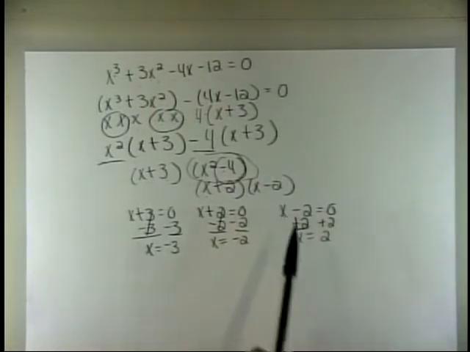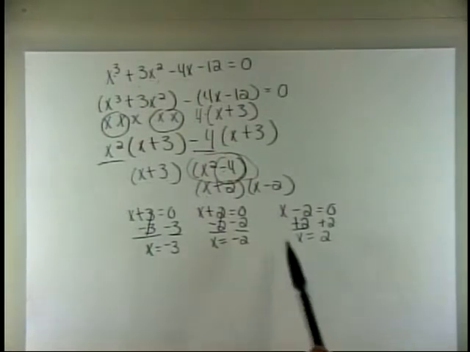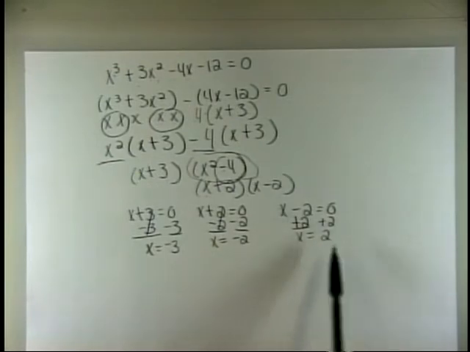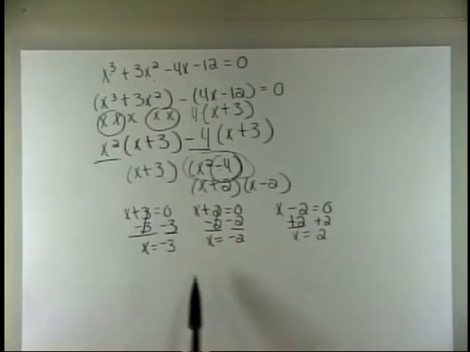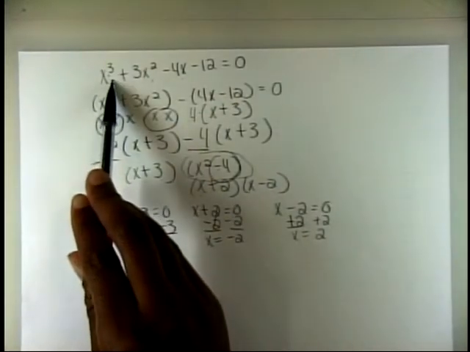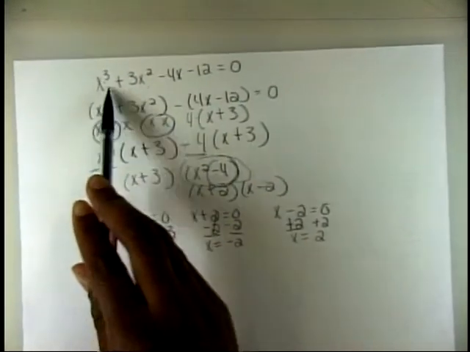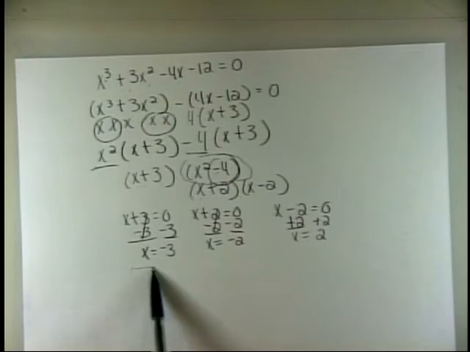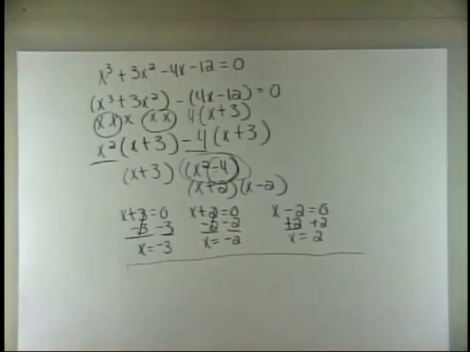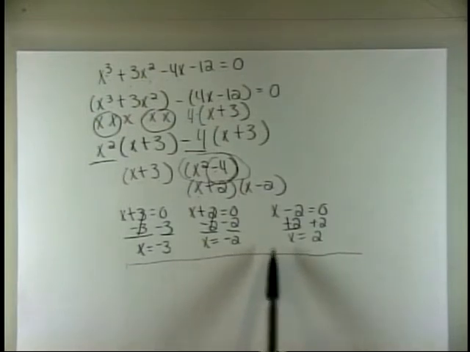Next, we add 2 to both sides, which leaves us x equals positive 2. As you see, we have 3 answers. When doing this equation, you have to have 3 answers because of this cubic function. This is a cubic equation. Therefore, you have to have 3 answers. So our answers are x equals negative 3, x equals negative 2, and x equals 2.